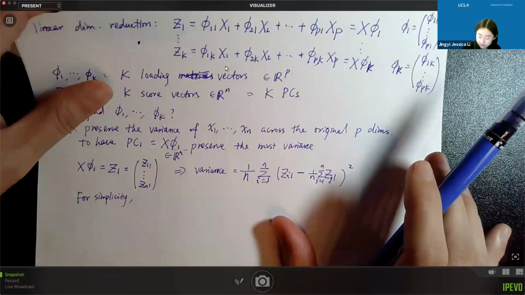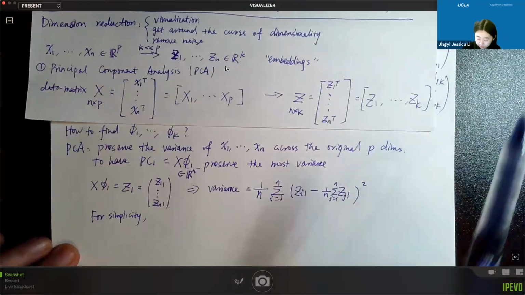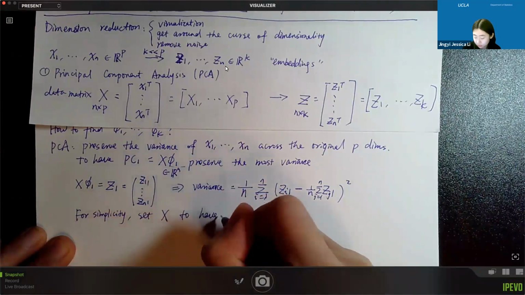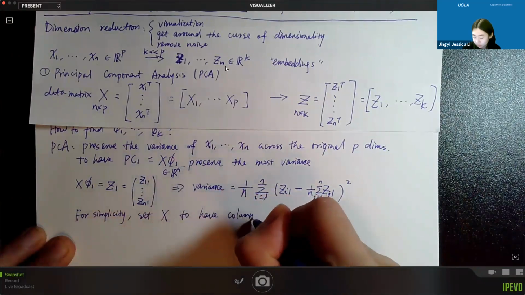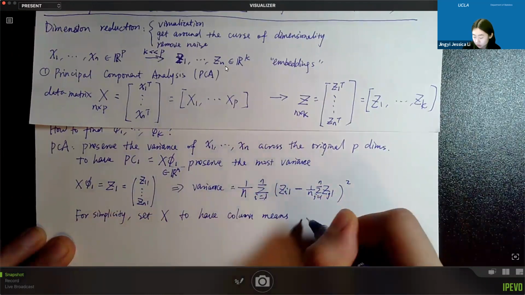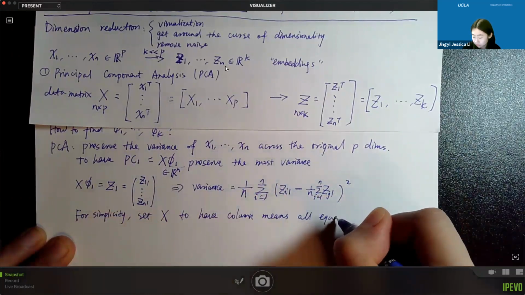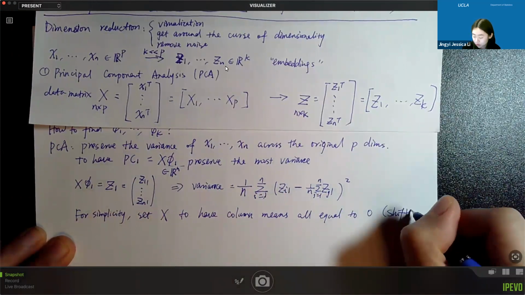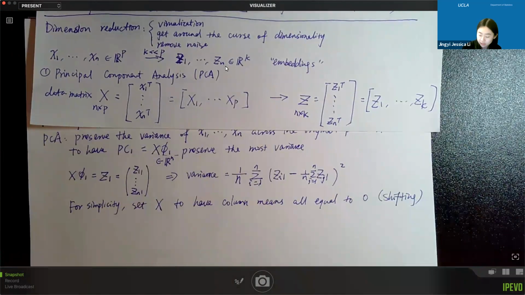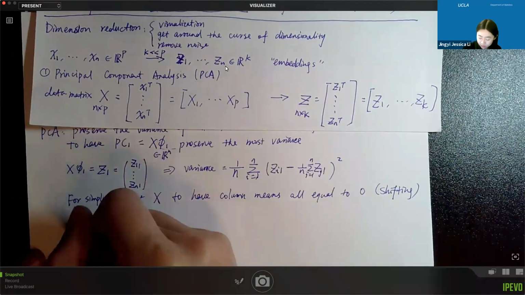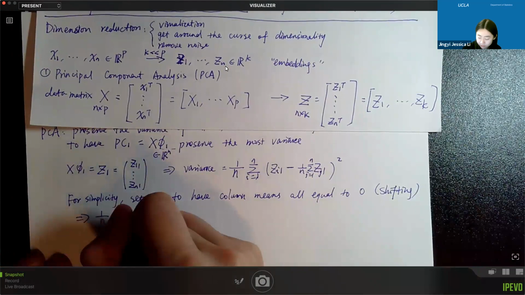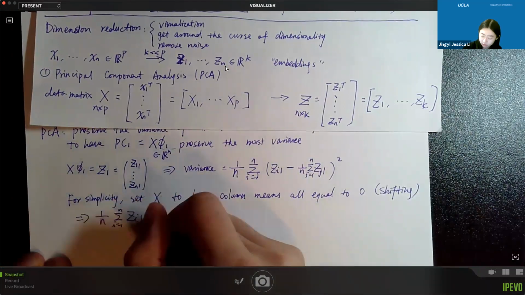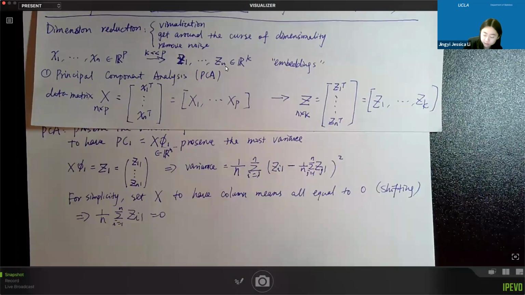So for simplicity, I set X to have column means all equal to 0. This is just by shifting: I shift every column so that it has mean 0. This makes the average of this zi1 equal to 0.